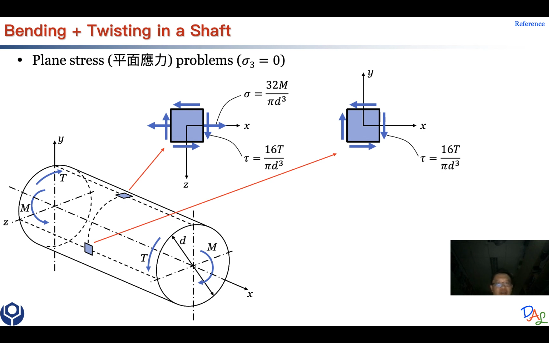How large are they? Based on our calculation earlier, the normal stress would be 32M over pi d cubed. And the shearing stress right here is going to be 16T over pi d cubed. Similarly, we analyze this position, and since it is located at the neutral plane of your bending, there is no tensile stress on the left and right, only shearing.